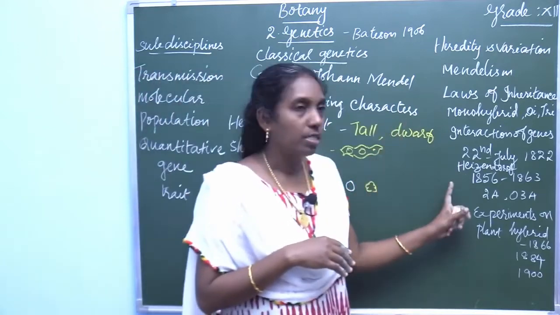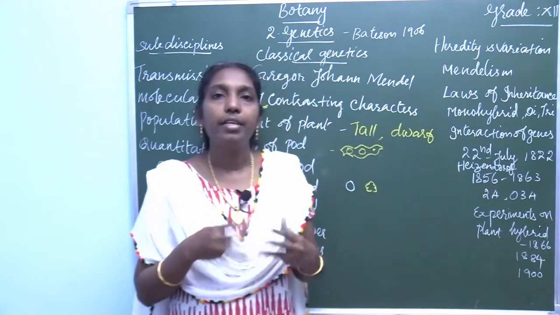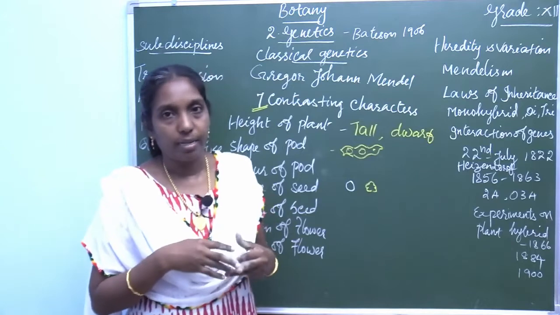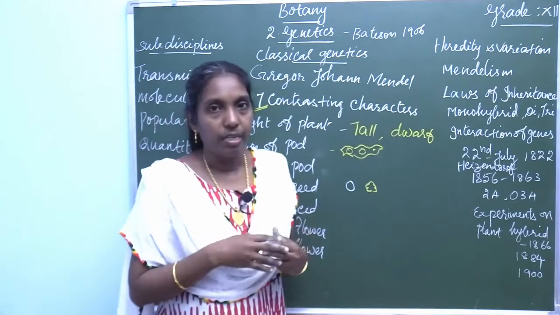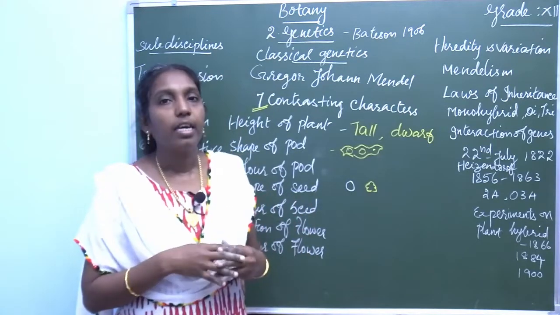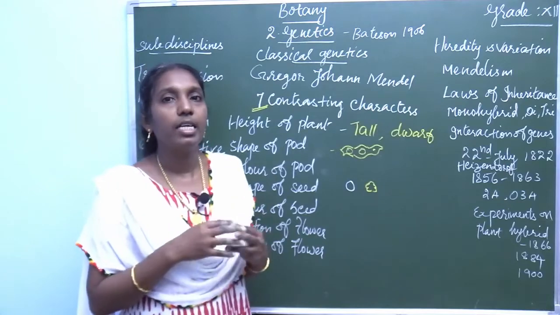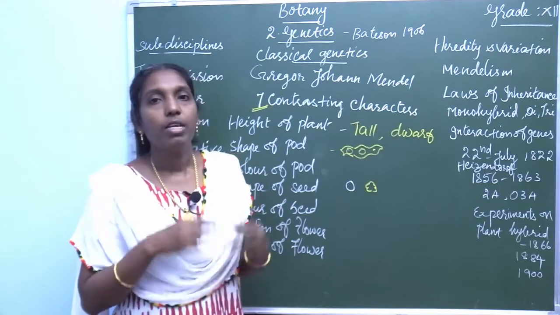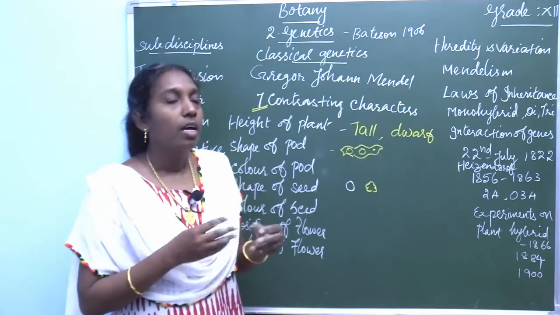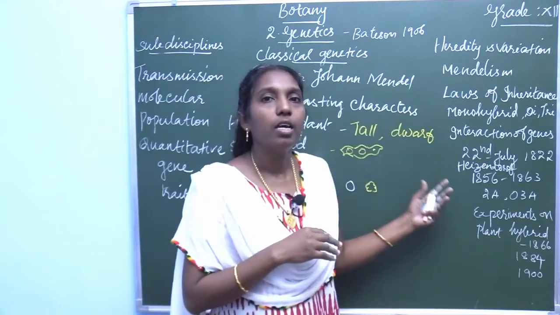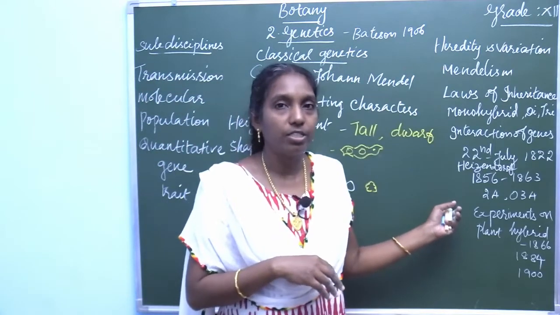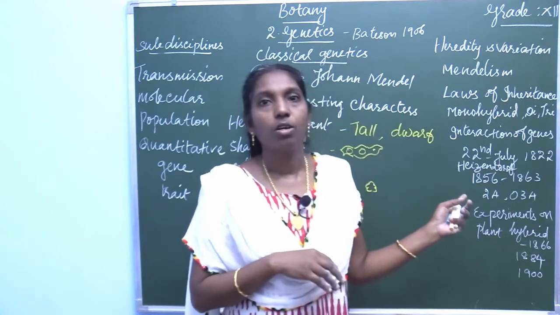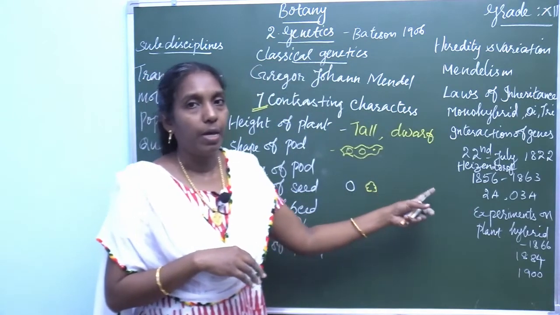After finishing his studies, he entered a monastery at Brunn. After that, he got a chance to work temporarily as a teacher. While working as a teacher, meanwhile he worked on hybridization experiments in his garden pea plants.